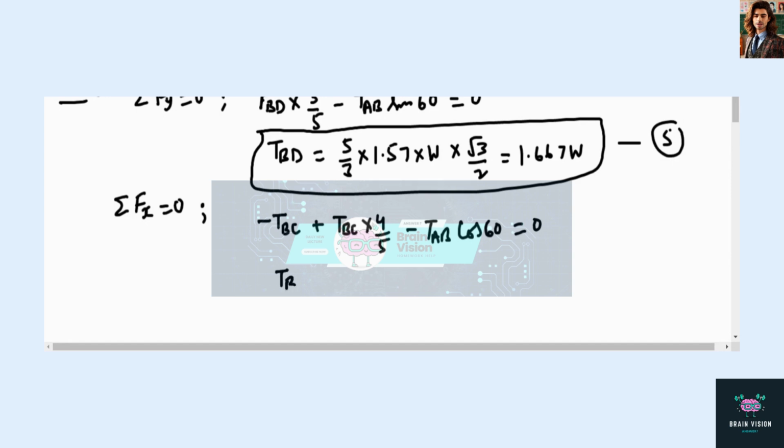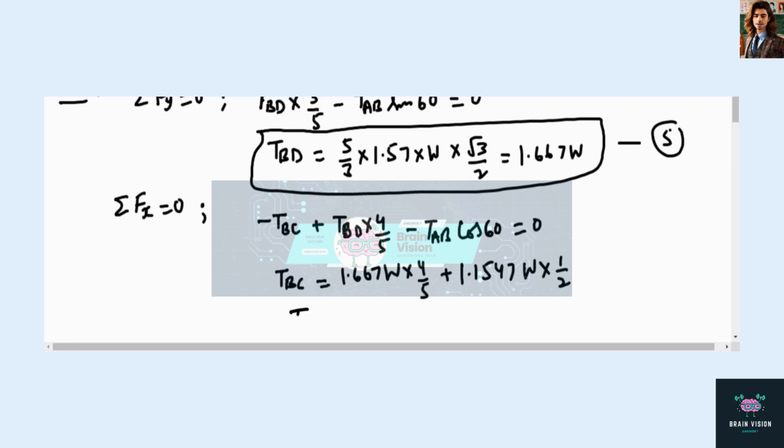So tension in BC we will get, that I have written here wrong, this is BD actually. So I am correcting this BD. So you will get tension in BD 1.667 weight of the cylinder 4/5, plus tension in AB, you may see tension in AB is 1.1547 weight into half.